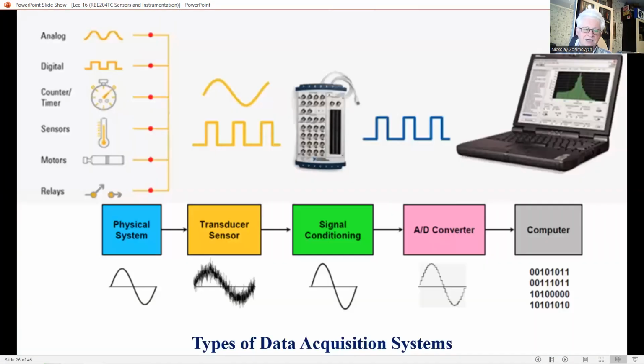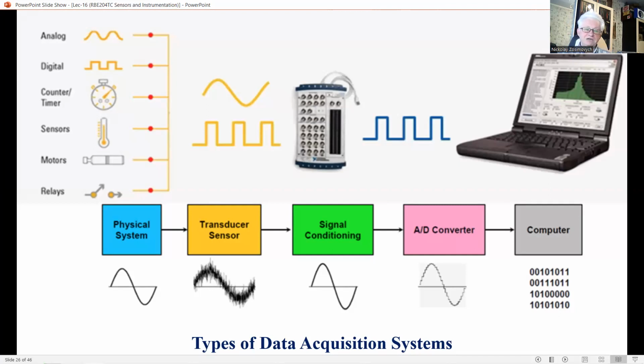A typical DAQ system consists of the following key components. First of all, sensor and transducer to measure the variables in the process that is monitored. Second, signal conditioning. It may be filtering and amplification of the sensed signal.